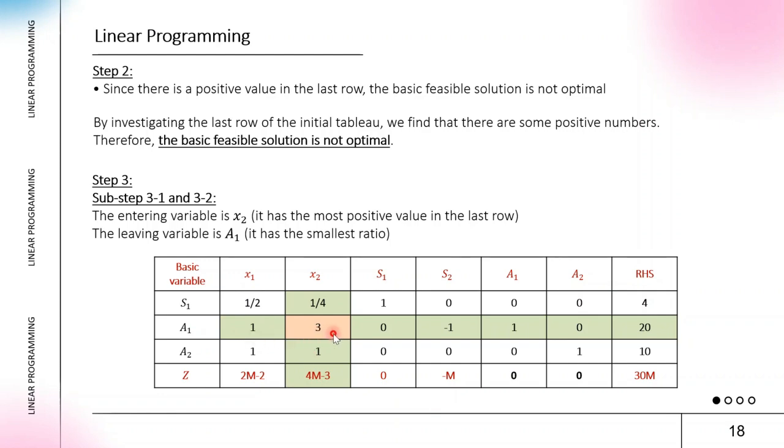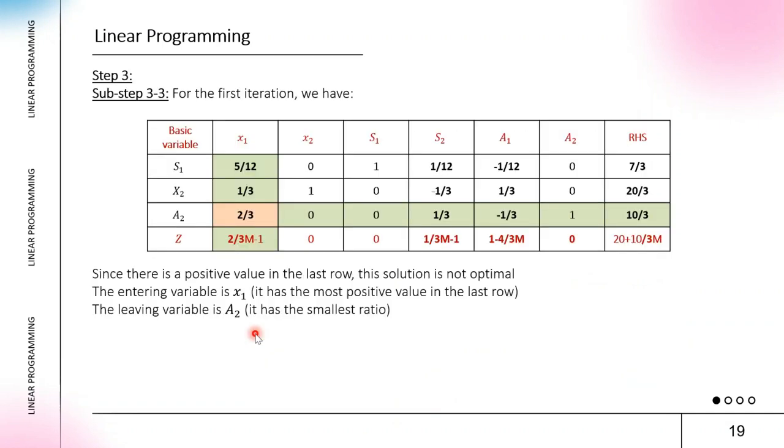This sets up the first iteration of the simplex algorithm. After pivoting x2 into the basis and A1 out, we obtain a new table. Each row has been updated via row operations so that the pivot column now forms a unit vector.